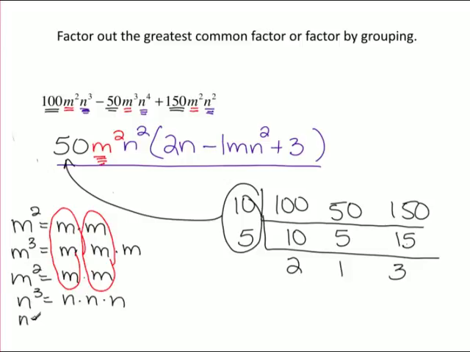And then the next one we have n to the fourth, which means n times n times n times n. The last one is n squared, which means n times n. So you can see that they have the n squared. That's the n squared that we pulled out. And then for the first term, you have one n. That's that n. You have two n's for the second term, and there's nothing left for the third term.